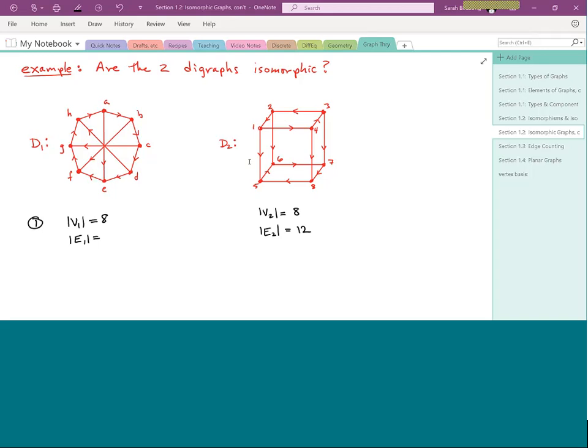So, yep, we totally have 12 edges. Now, pluses and minuses for getting that answer of 12. Pluses, that means there's a possibility that these two directed graphs are actually isomorphic and just drawn in a slightly different orientation. Minuses, we actually now have to do more work.